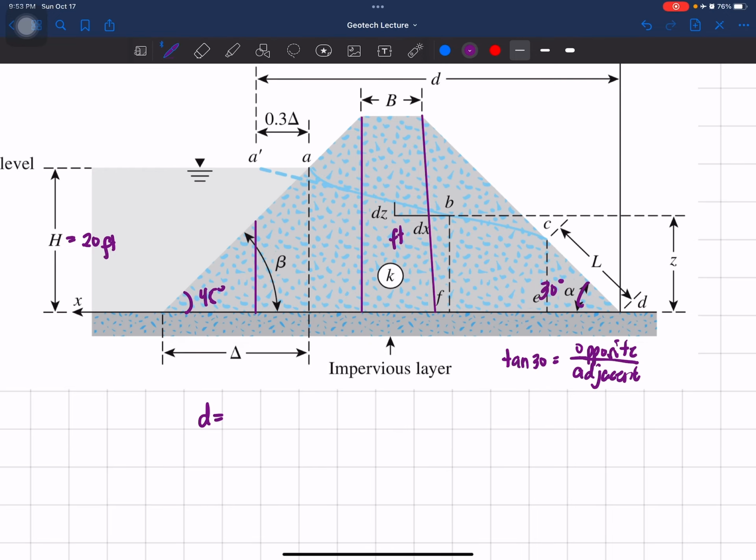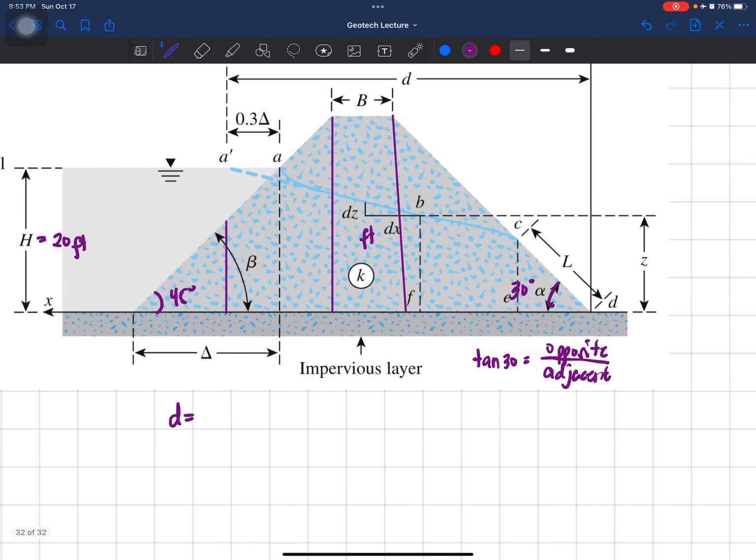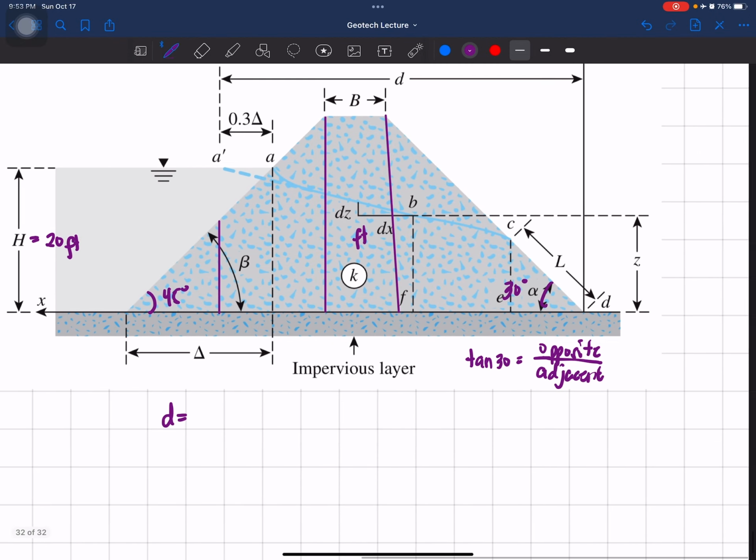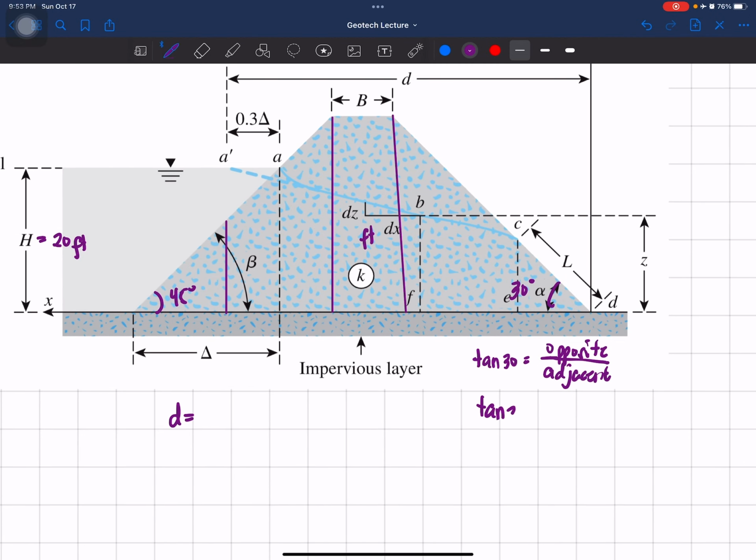Ayan siya. So, pero yung opposite mo, guys, this is actually the height of the dam. Tama ba? So, the height of the dam in there, okay, which was given, is actually 25 feet. So, that should be written, tangent of 30 is equal to 25 all over the adjacent.